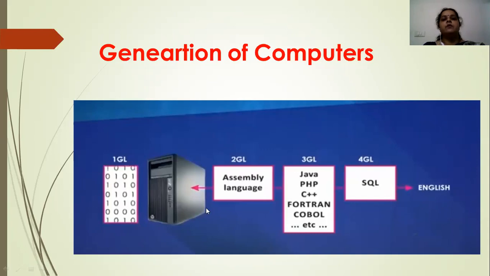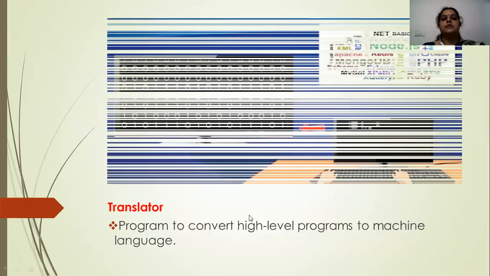It is getting converted into machine language. Now, who is converting it? Which program is converting it? Every programming language has a translator, which will translate the language into its machine code. So, what is a translator?